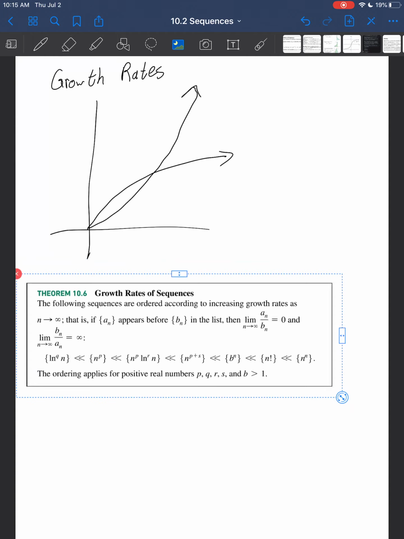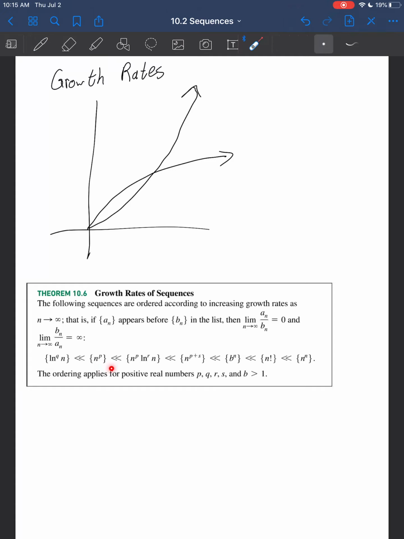So a formalization of this, which I have a picture of since I didn't want to write it. We have these different growth rates of sequences, and going from left to right is how fast things grow. Natural logs grow the slowest, then polynomials times natural logs, and then bigger polynomials, and then exponentials, so you can think of e to the n or b to the n, where we need b greater than 1.